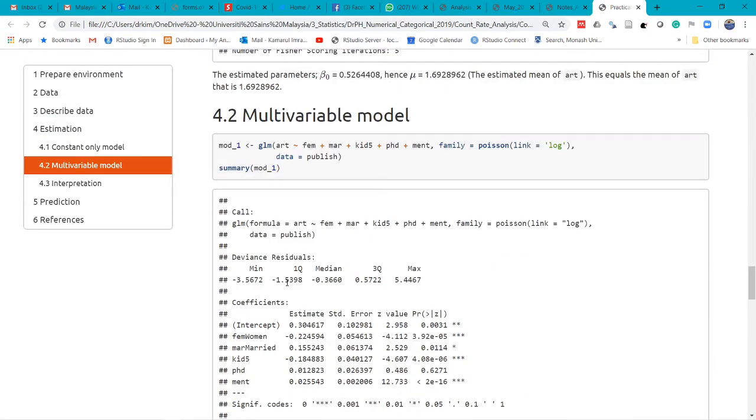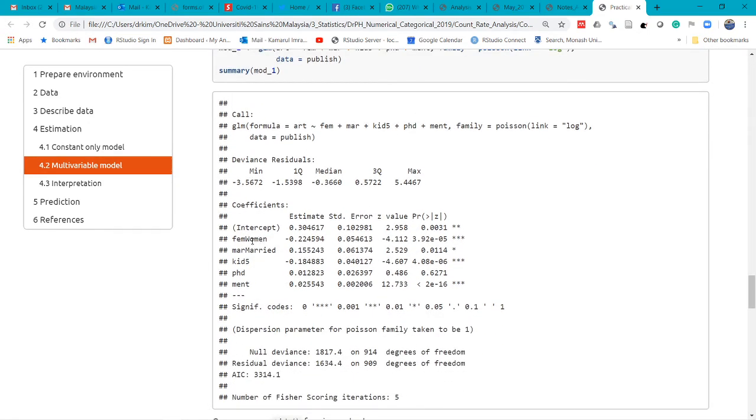Okay, in a multivariable model where we try to look at the effect of female variable, mar plus kid plus phd plus ment, using the Poisson log link, when we run this summary, we see that women have a log count of minus 0.22, and married has a log count of 0.55, in comparison to single.